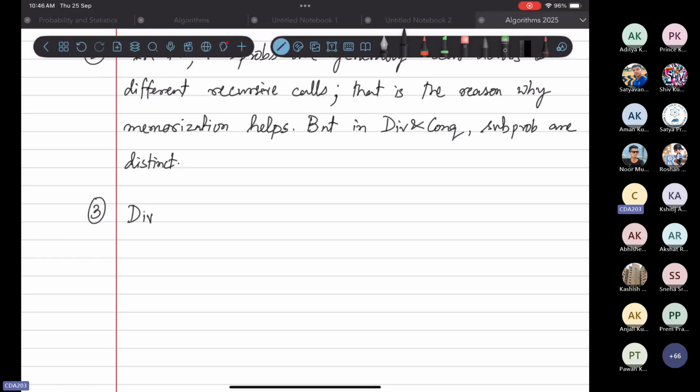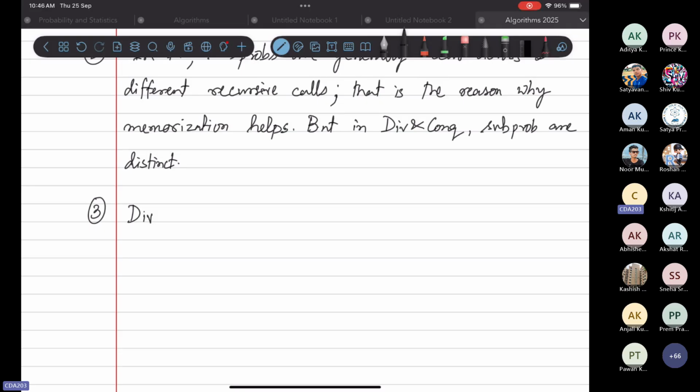Like multiplication of two n-digit numbers, right? How do we do that? Our general way of multiplying gives n squared running time, as we have seen.